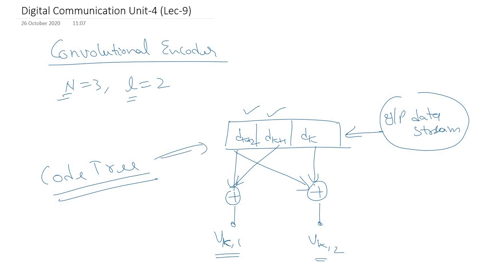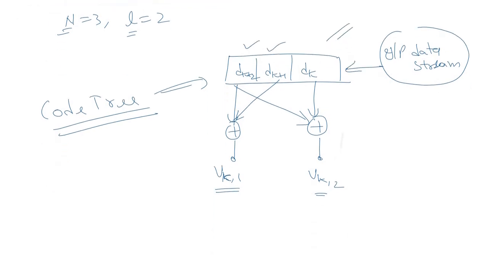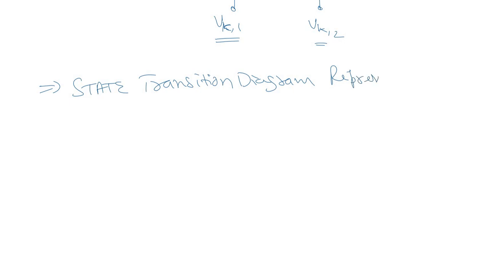Now in this lecture, we are going to analyze the state transition diagram representation of the same convolutional encoder, which will give you a better insight of the overall encoding process taking place.